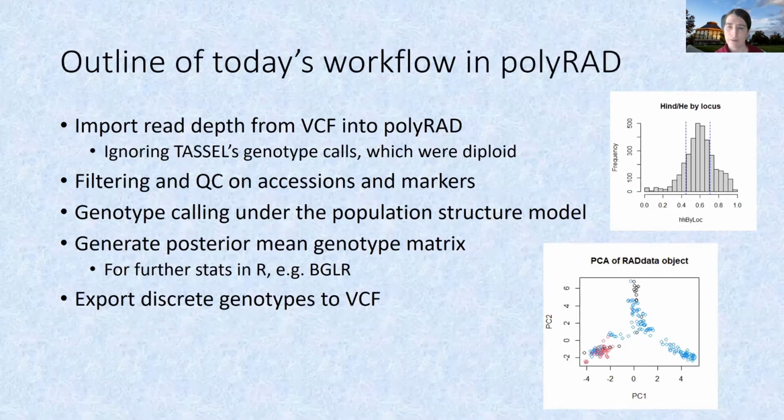We're going to use the population structure model to perform genotype calling. And we're going to generate a posterior mean genotype matrix, which could be used for further statistical methods, like if you wanted to do genomic prediction with BGLR. And I'll also show you how to export the discrete genotypes to VCF.